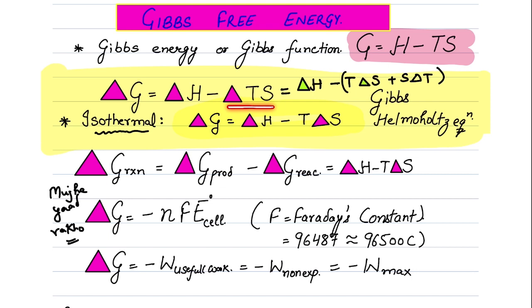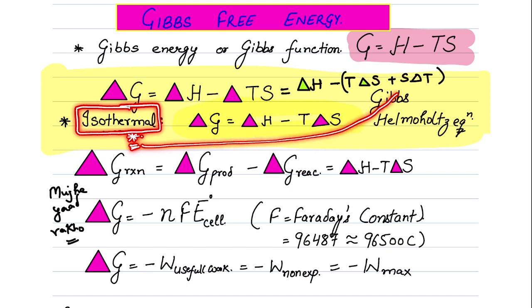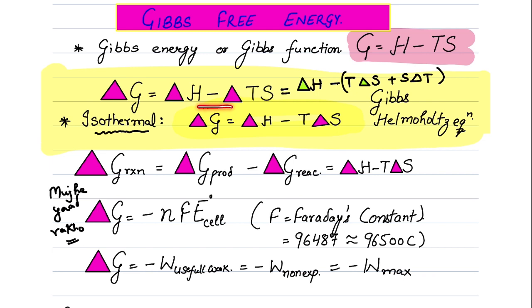Now this delta(TS) can be written as T delta S plus S delta T. So for an isothermal process, the temperature is constant, so this S delta T will be equal to 0. So we are only left with delta G is equal to delta H minus T delta S. That is our Gibbs-Helmholtz equation.